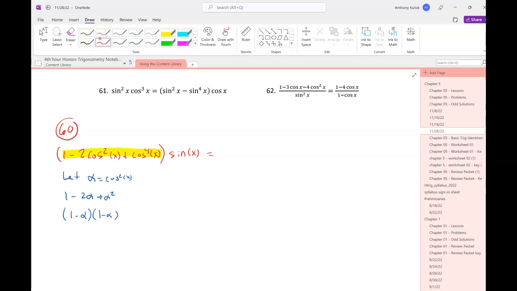So if I go back up here and apply that to what I have, where alpha is cosine squared, Giselle, so far so good? Yeah. What's 1 minus cosine squared equal to?